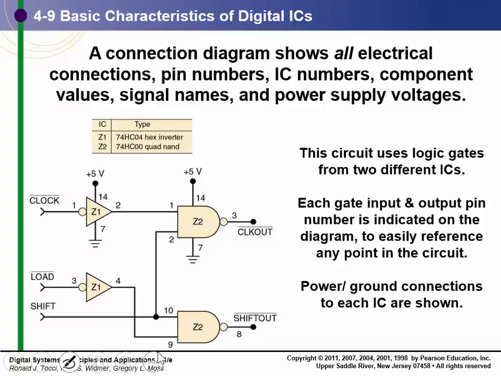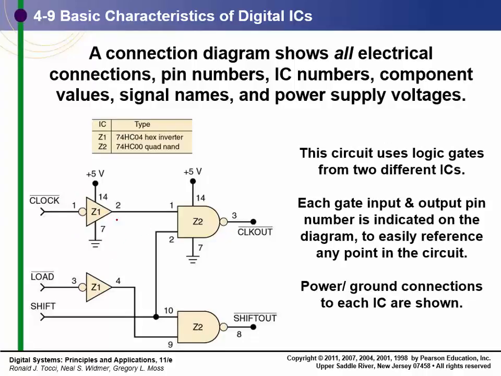If you look at a typical schematic, you will see that every part has a part number on it. In this particular case, we've got 2 parts showing, Z1 right here, which is a hex inverter. Now, a hex inverter has 6 inverters on it, so we have to have a way of knowing which part number that is.